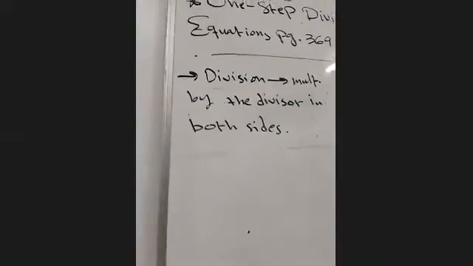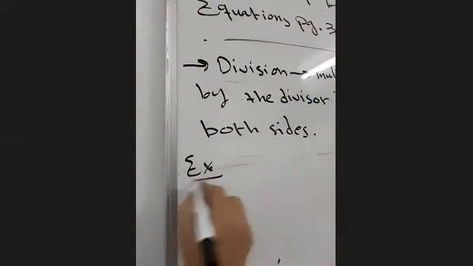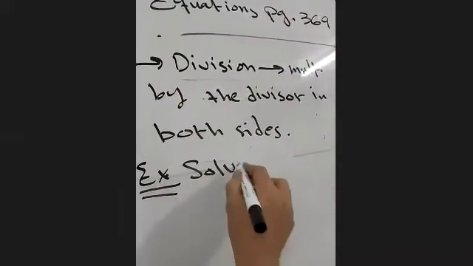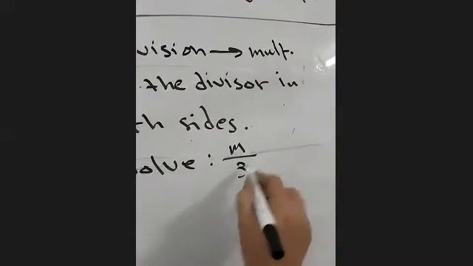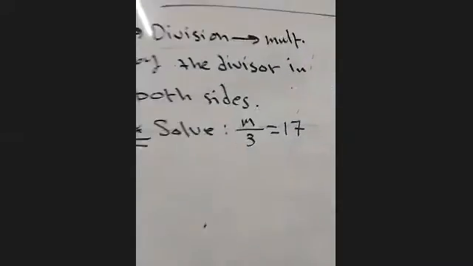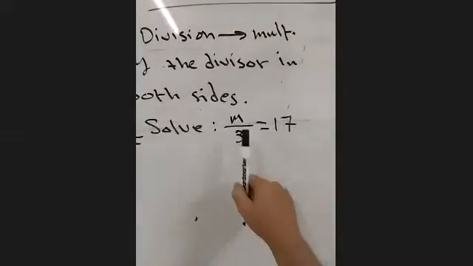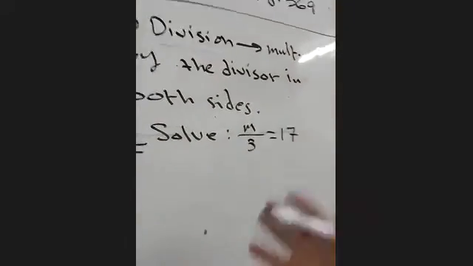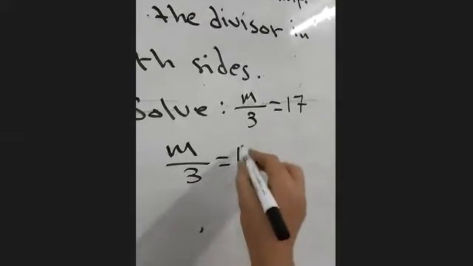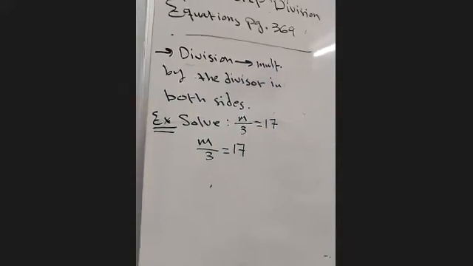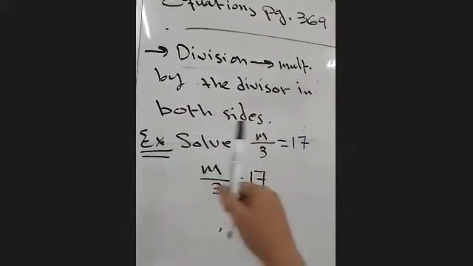For example, if you want to solve the following equation, m over 3 equals 17. This is division here. So the first step, we rewrite the equation, m over 3 equals 17. And then we multiply by the divisor in both sides.